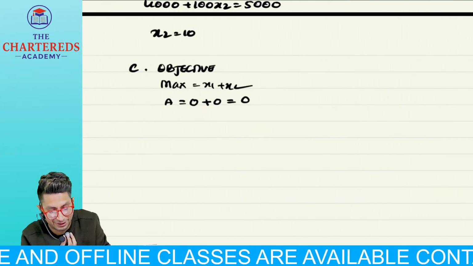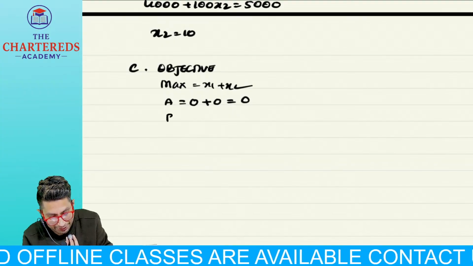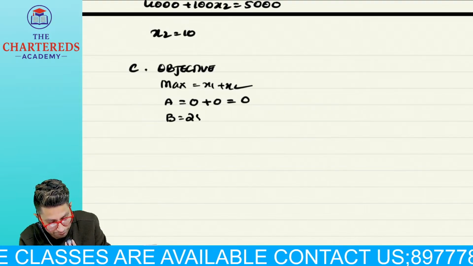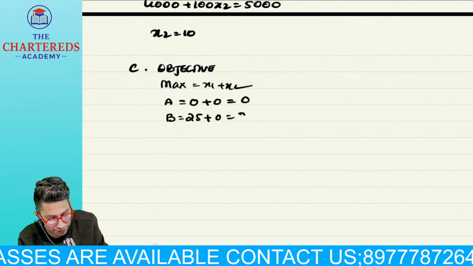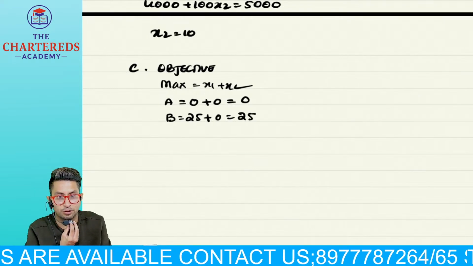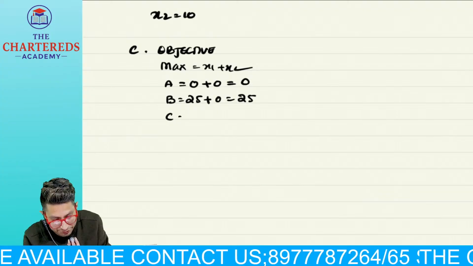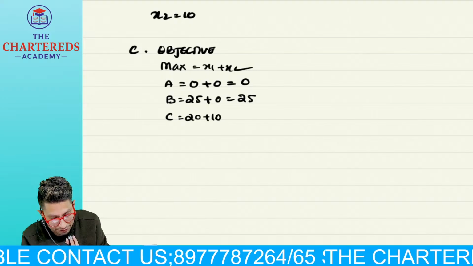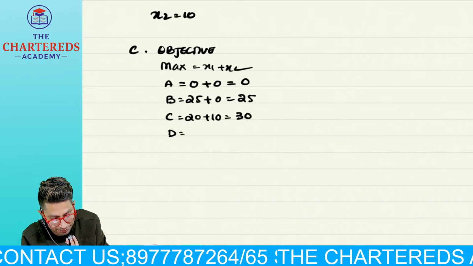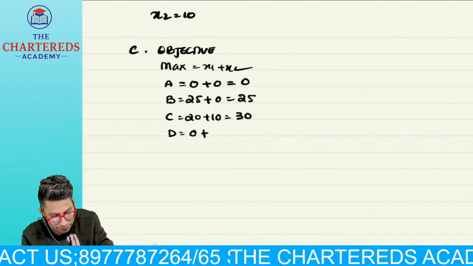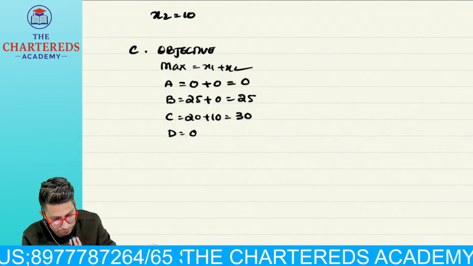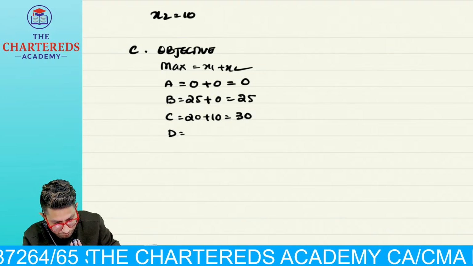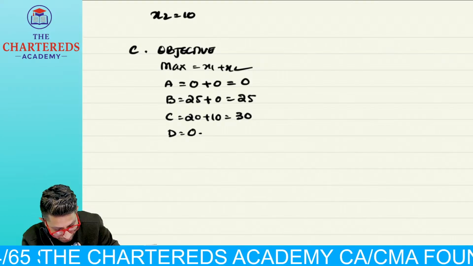So what will be my maximum profit? 0. At point B, what is the value of x1? 25. And x2? 0. So what is the total? 25. Profit will be 25. At point C, how much? 20 plus 10, how much? 30. At point D, 0 plus 20.